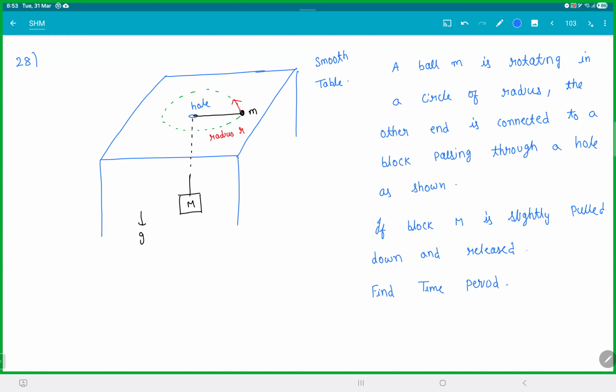So the centrifugal force of that particle is balancing this Mg initially, and that's why it was at rest. I'm sure you must have seen these kinds of questions in circular motion. But here we added an oscillation part to it.